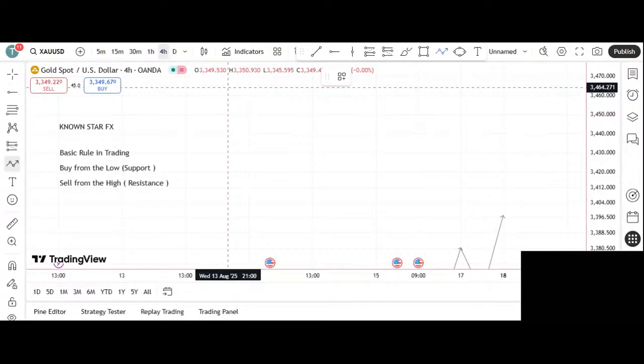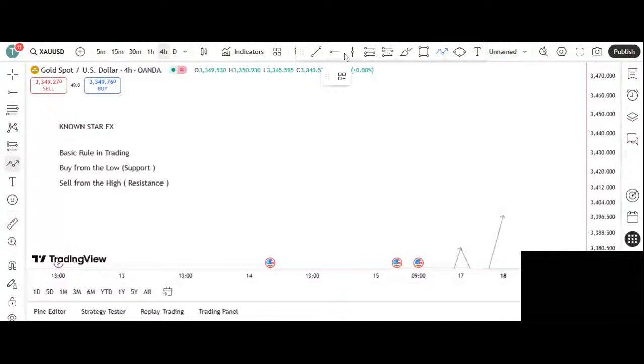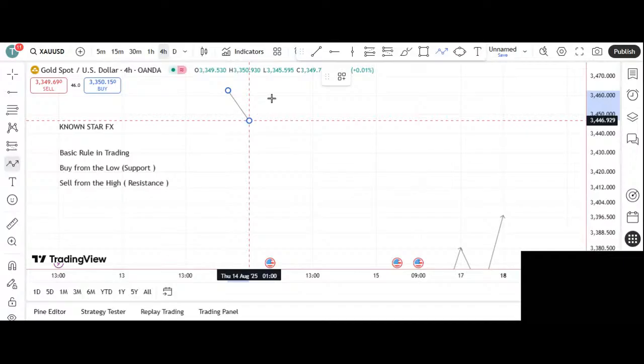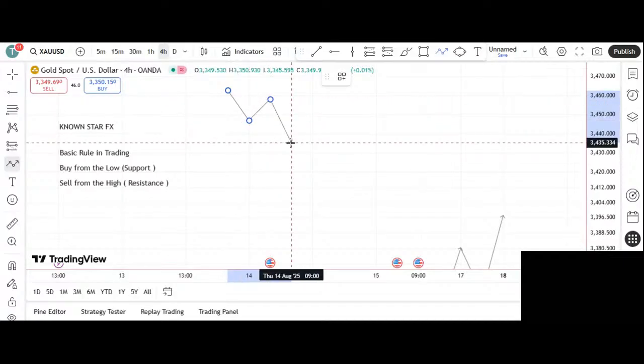I'm drawing these things right here, but I'm still going to be showing you in real charts, when a support level actually becomes resistance. We're going to give you an example of when your floor becomes a resistance. Now let's go. The market is trending like this. We see the market trending to the downside, right?